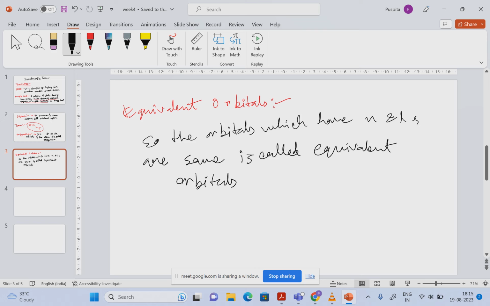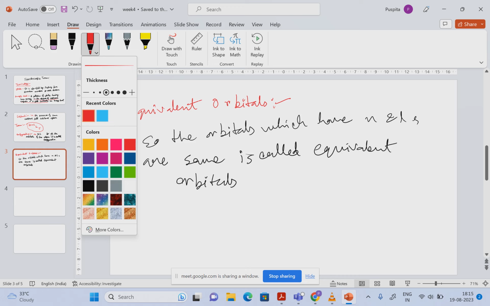Okay. And the electrons are called equivalent electrons.